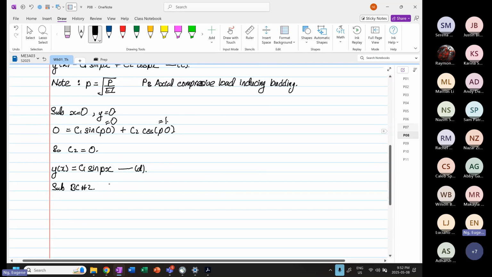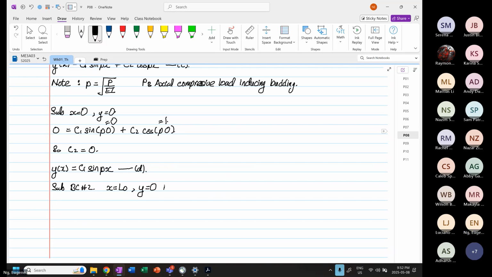This will be substituted into equation D. So I'm going to put x to be our L naught down here. So you have C1 sine P L naught, and we know that this thing is equal to 0.